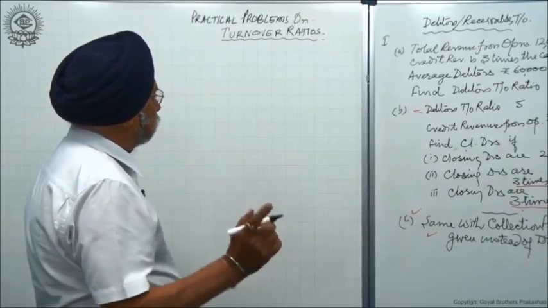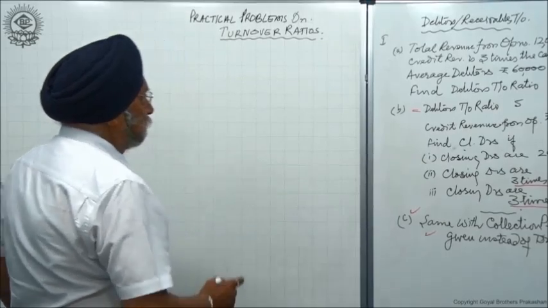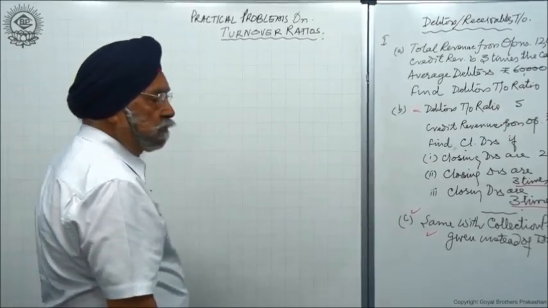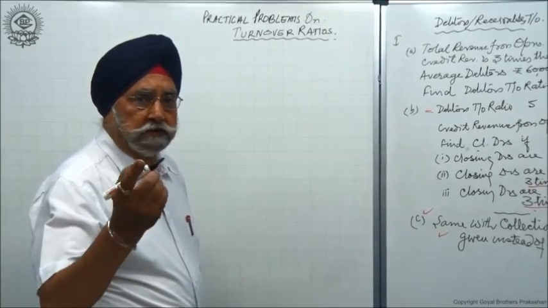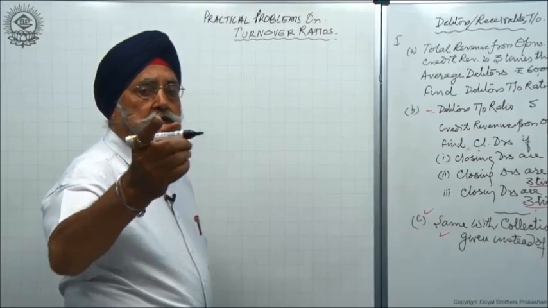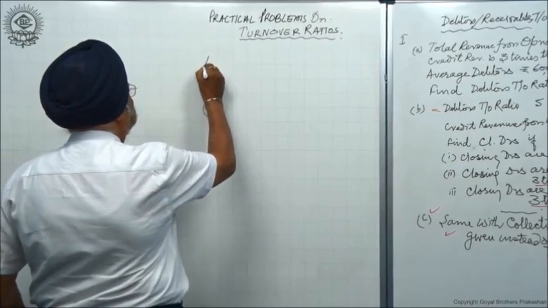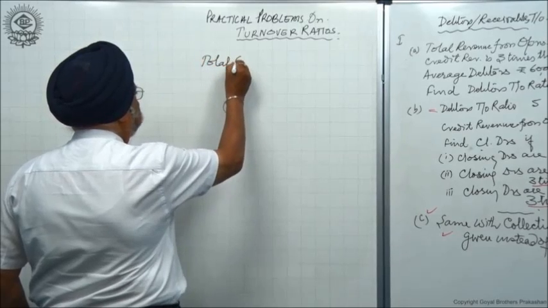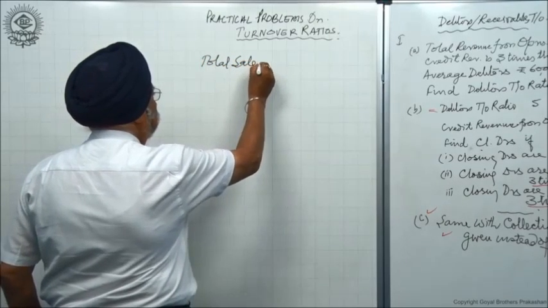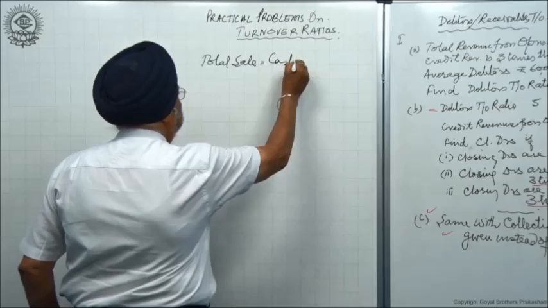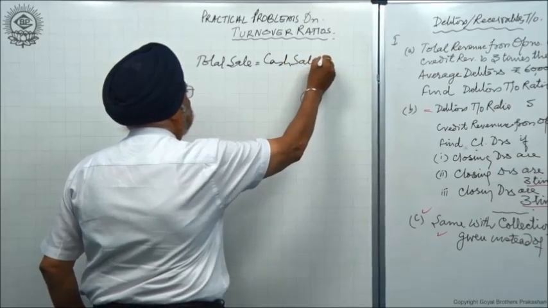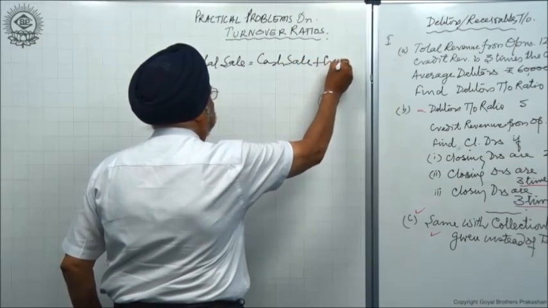In the first case, you are given total revenue. What is total revenue? It is total sale, and total sale or total revenue is equal to cash sale plus credit sale.